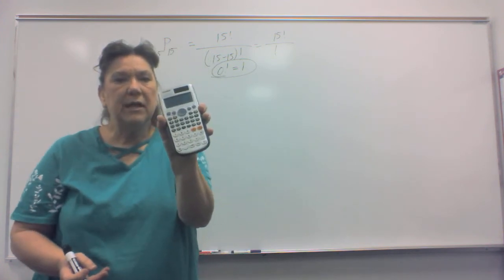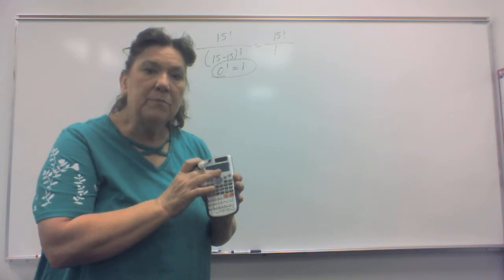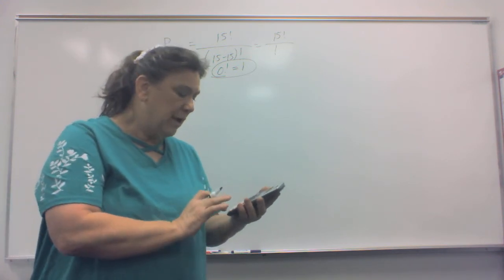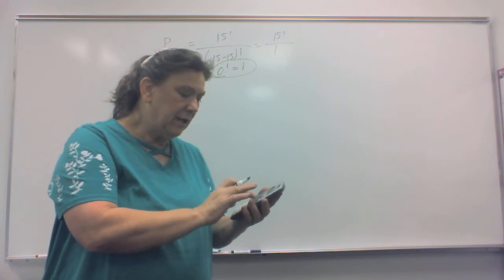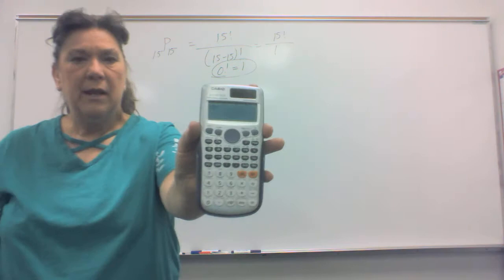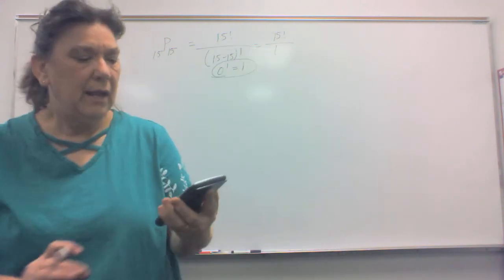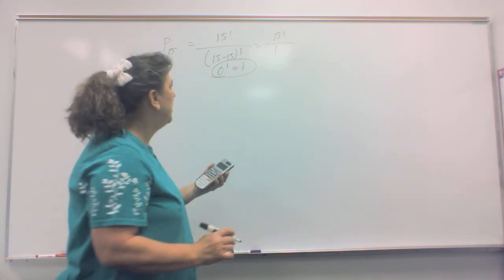On my calculator, the Casio, right up here at the top is an option to ask for x factorial. So I am going to type in my number and shift and hit that factorial symbol. And I don't know if you can see it, but it actually showed up. And we're going to hit equal, and it's going to give me what it is.